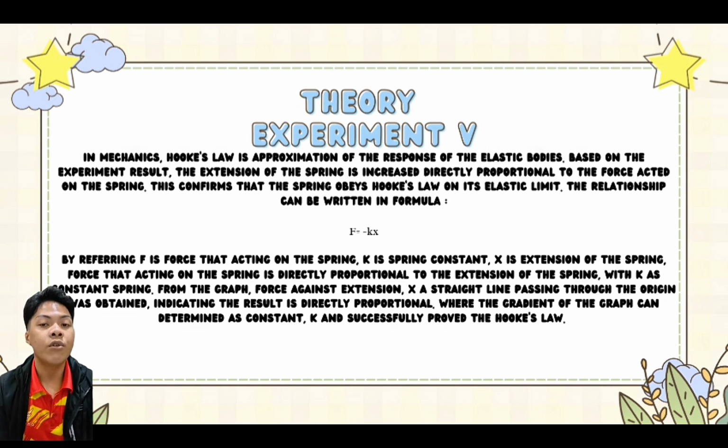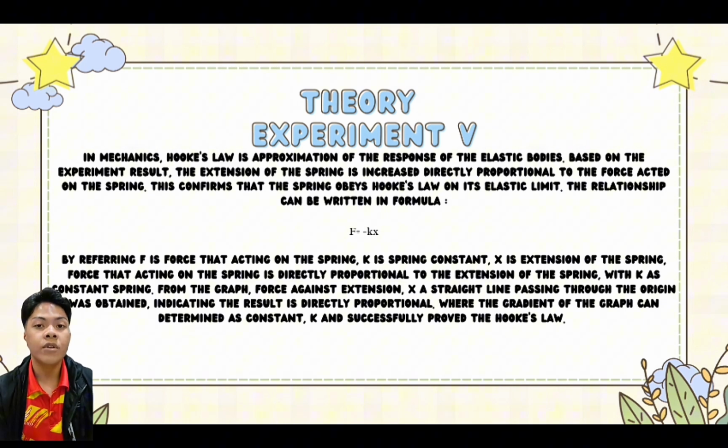So the result must be directly proportional. Why is there a negative sign on the k? The negative sign means the direction of the restoring force is opposite to the extension. The negative sign needs to be put on the spring constant.